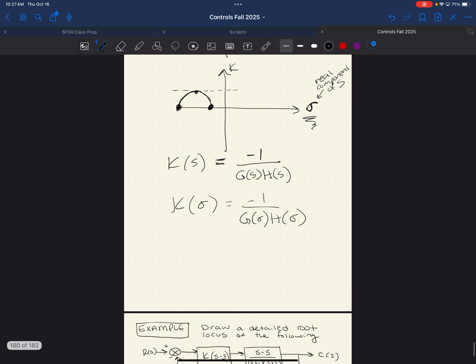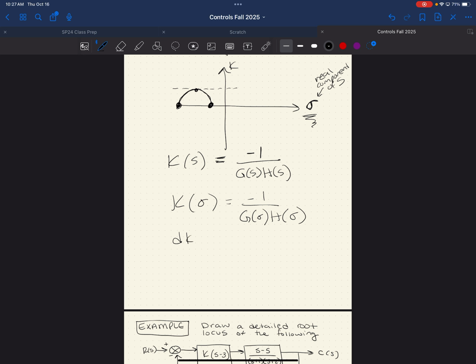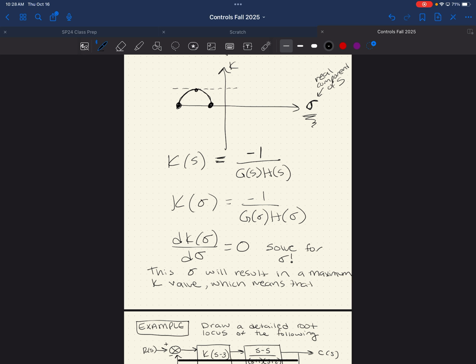If I take the derivative of this, dK of sigma d sigma, and I set it equal to 0, and I solve for sigma, this sigma will result in a maximum K value, which means that this sigma is the location of our breakout point.